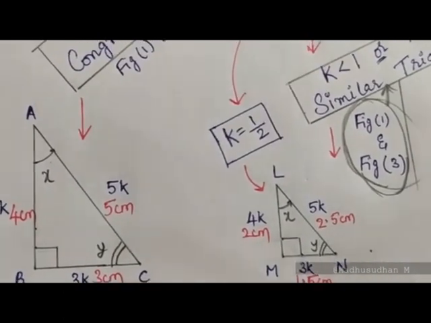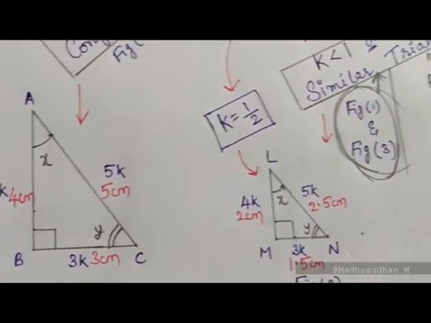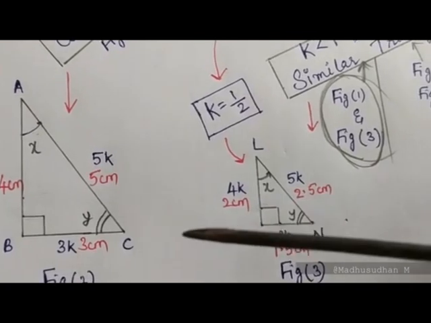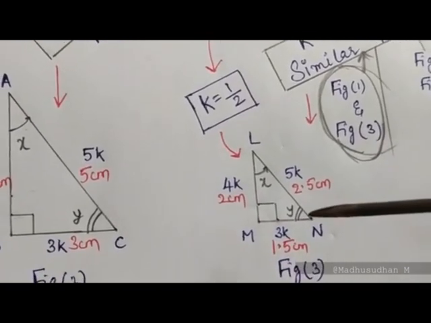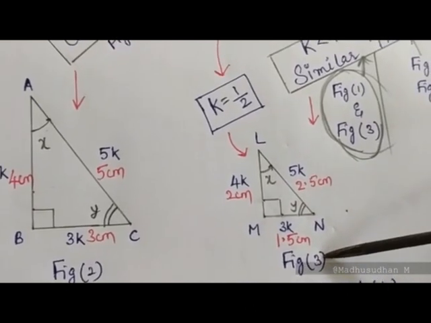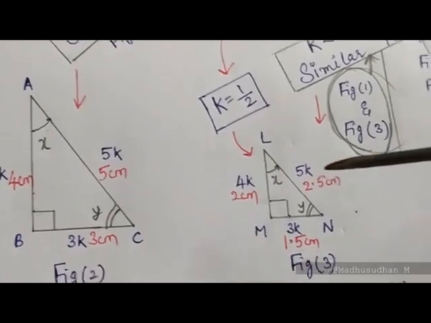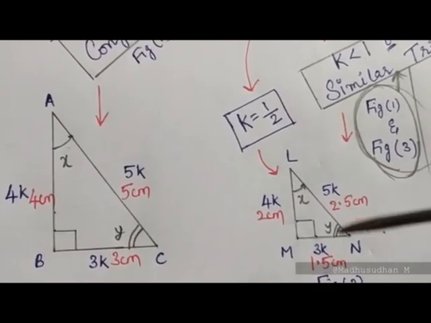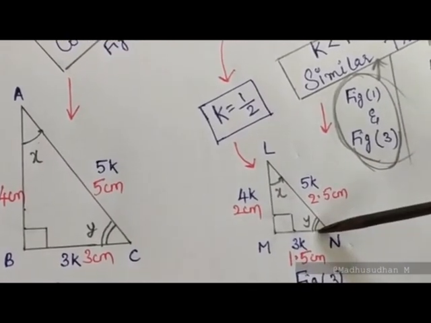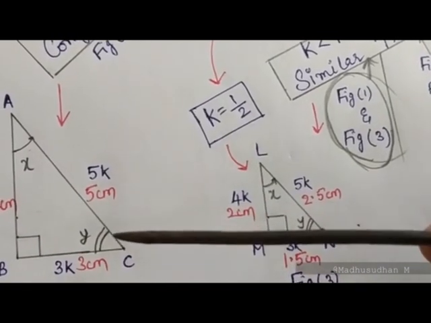So now if we compare these two diagrams and make use of our protractor, you can find that angle X is exactly equal to angle X in this figure. Angle Y from figure 2 is exactly equal to angle N for figure 3 here. So we can conclude that in these two similar triangles, which have the same shape but different size, the corresponding angles are equal.